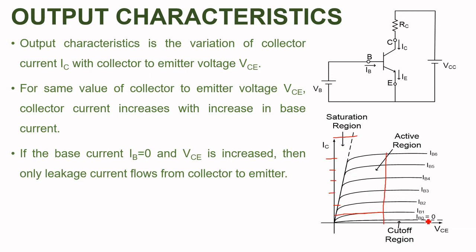Whereas if the base current is equal to 0, then the collector to emitter current, or the collector current flowing through the transistor, will be equal to only the leakage current. As the value of leakage current is very low, this region is named the cutoff region. When we use the transistor as a switch, we will be utilizing only these two regions, that is cutoff region and saturation region. We are not going to utilize the active region for power electronic converter applications.